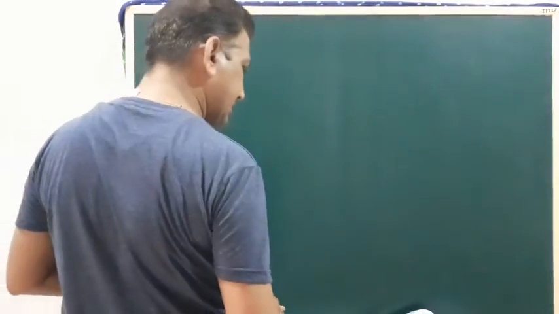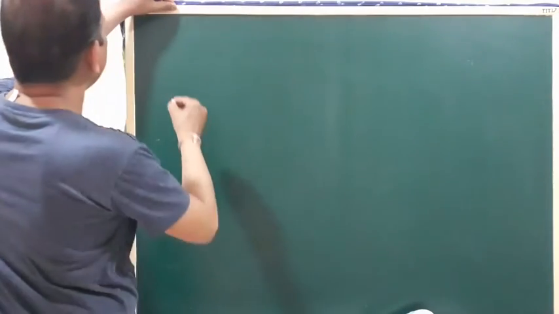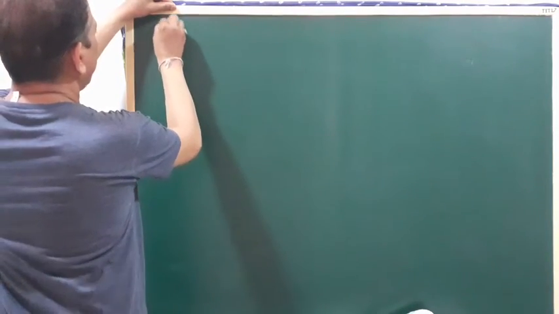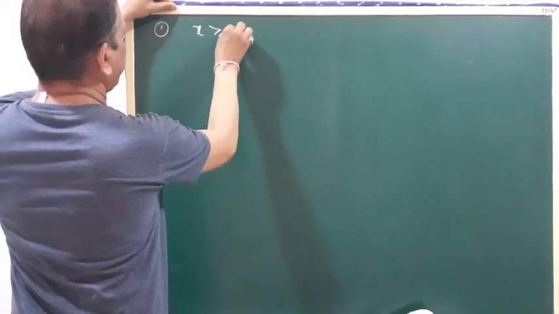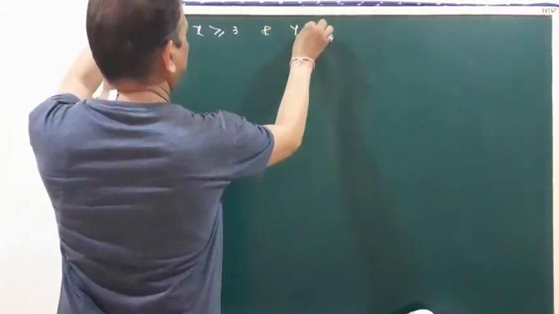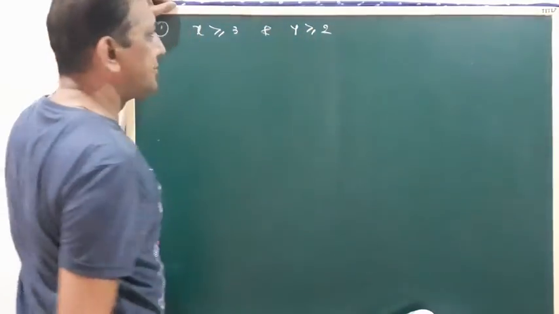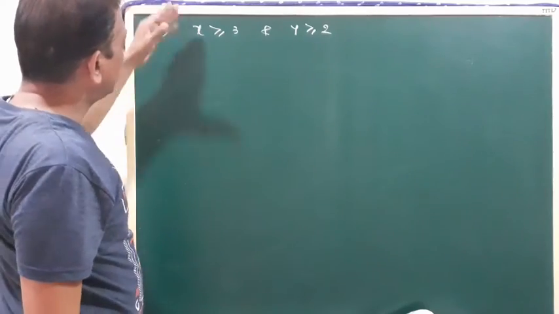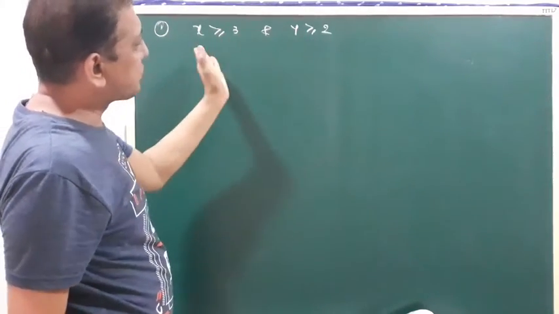First one: x greater than or equal to 3, y greater than or equal to 2. We have already explained these two graphs in the last lecture.